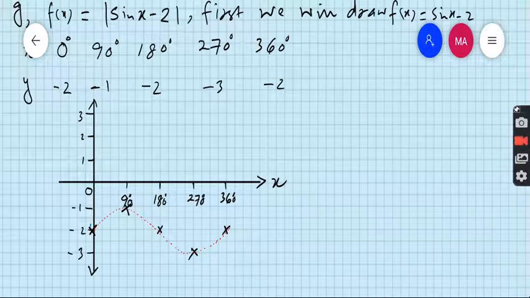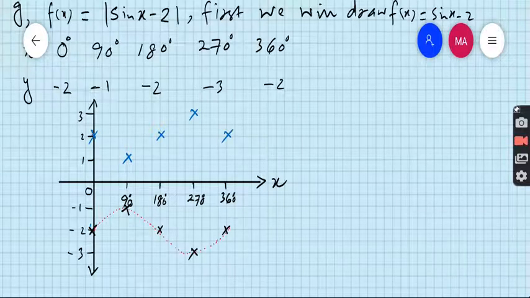This is the graph. Now reflect all the points. This minus 2 should be plus 2. This minus 1 should be plus 1. This minus 2 should be plus 2. This minus 3 should be plus 3. And this minus 2 should be plus 2.